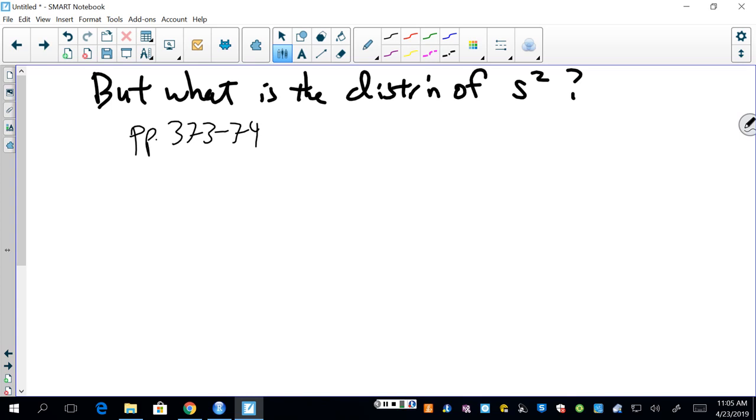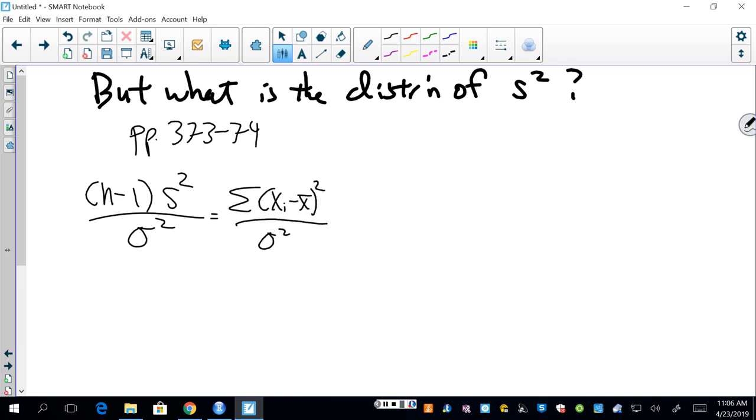It turns out that a scaled version of this thing, the value of s squared scaled by the actual variance, is actually the sum of the xi minus x bar squared over sigma squared. It can be written as xi minus x bar over sigma, squared.